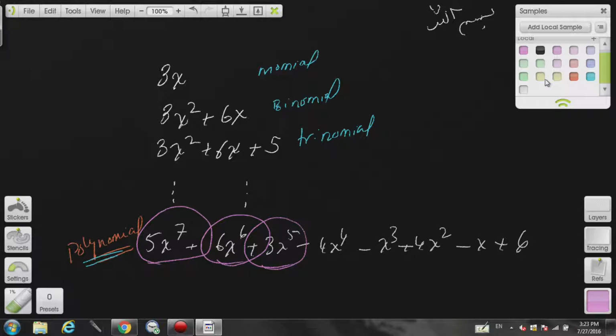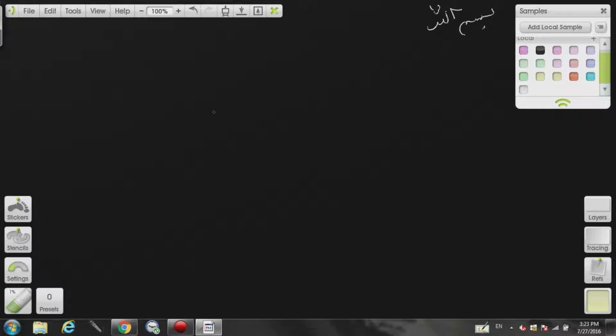Polynomials. Now, there are a few terms associated with polynomials that we have to appreciate. For example, I have 3x cubed minus 4x squared minus 6x plus 5. Okay, this is a polynomial.